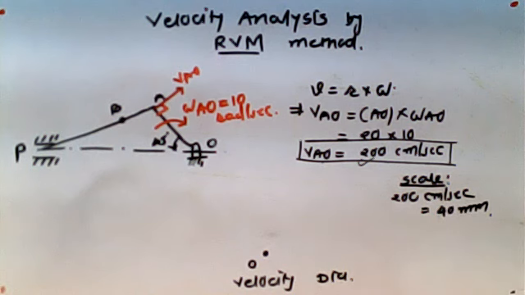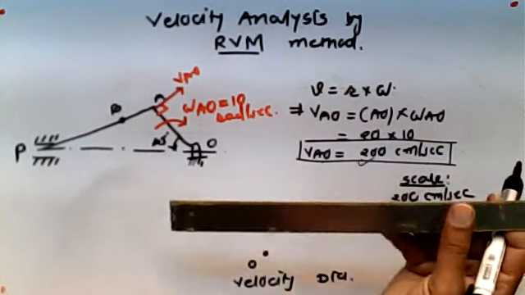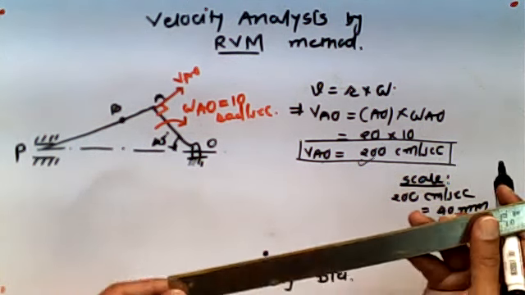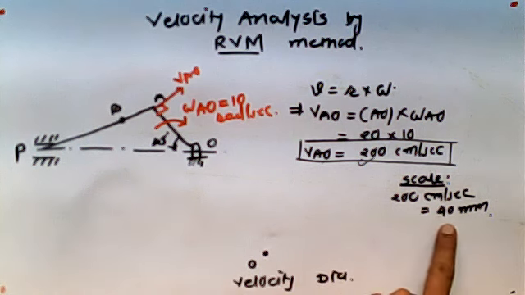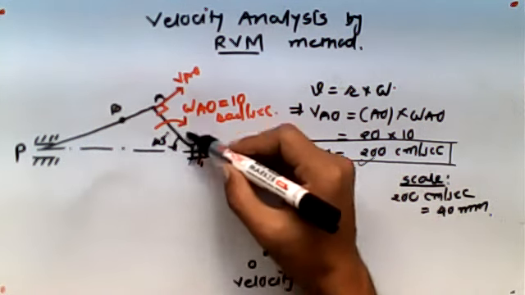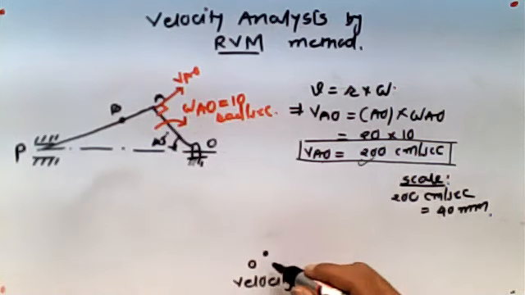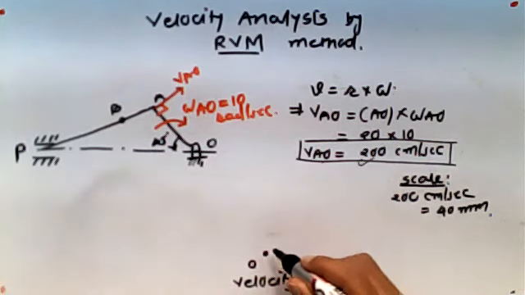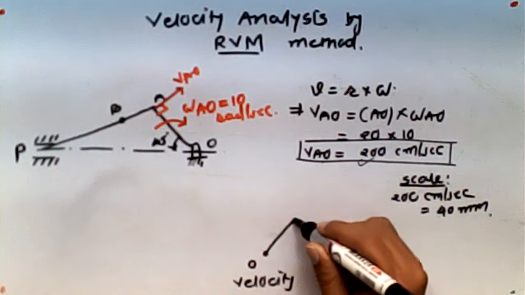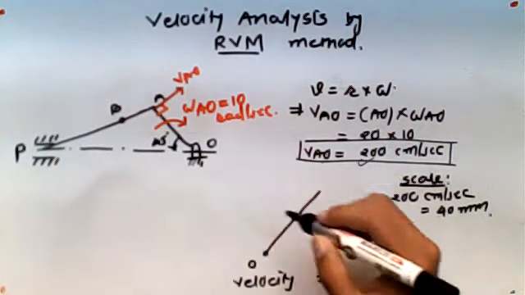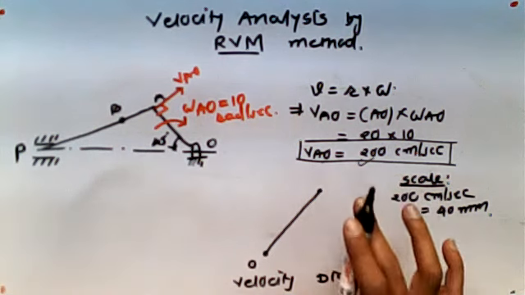So with the help of the scale, I will make a line that has a magnitude of 40 mm, and it should be 90 degrees to the line joining OA. So I will make a line like this here. This is exactly 90 degrees to link OA, and the magnitude will be 40 mm.